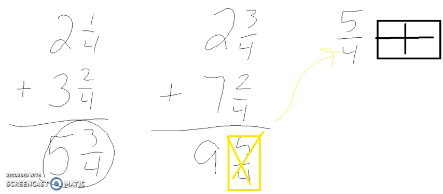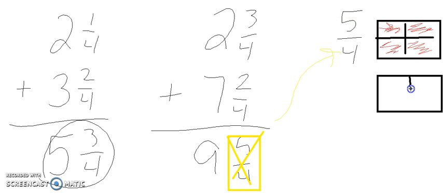So I'm going to shade in 1, 2, 3, 4. Oh, but I need to shade in 5/4, so I need to draw another whole. And shade in that 5th piece.